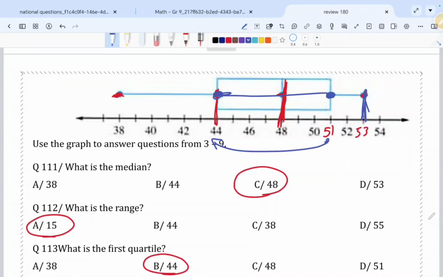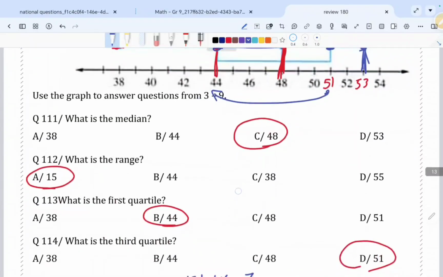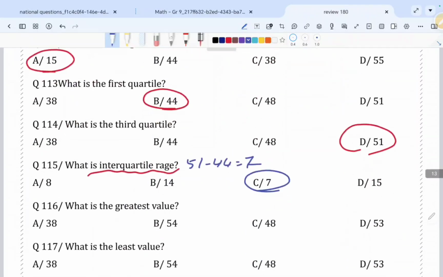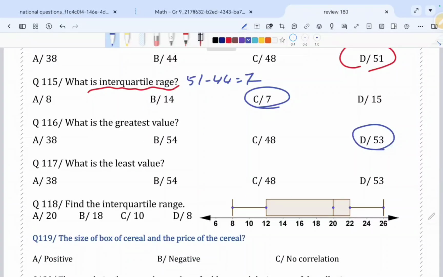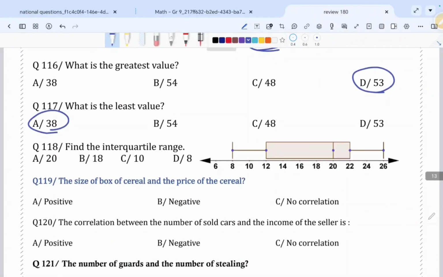Pay attention, not 54, it's 53 that is the greatest value, and the least value is 38. In this example, find the interquartile range. 22 minus 12. 22 minus 12 is equal to what? It is equal to 10.